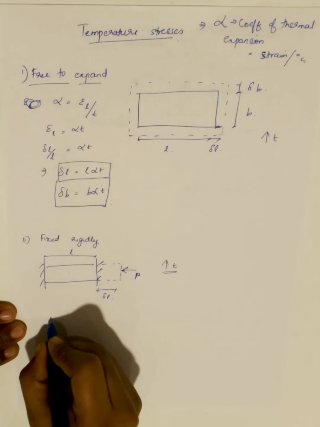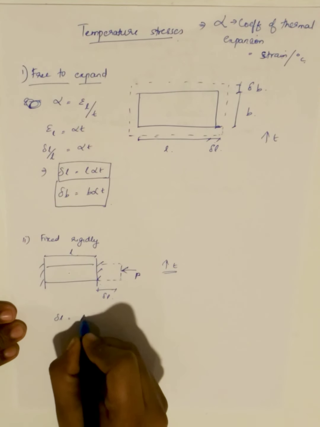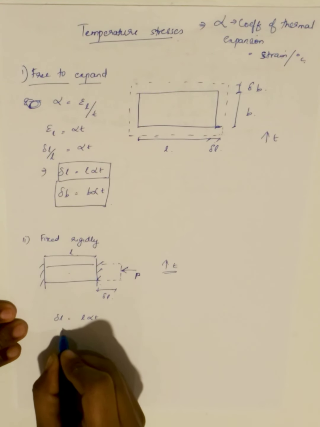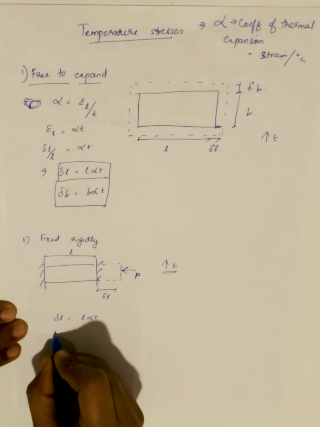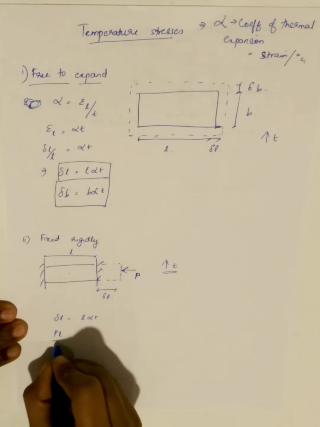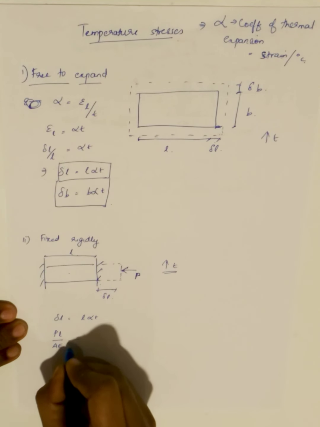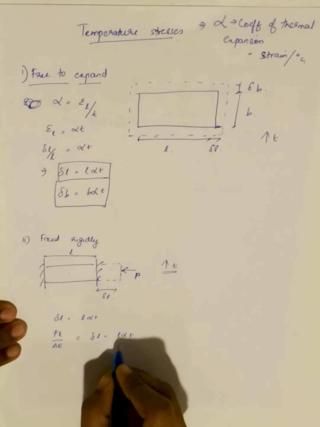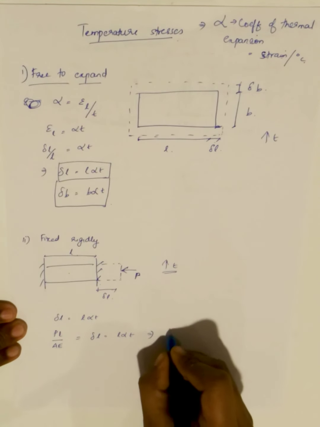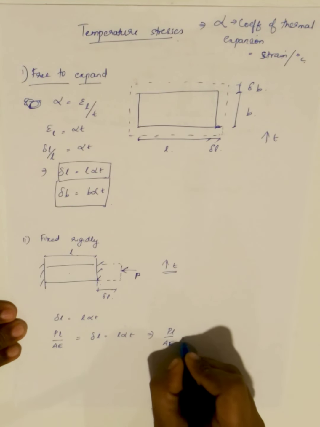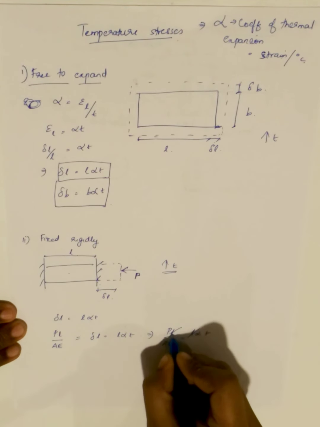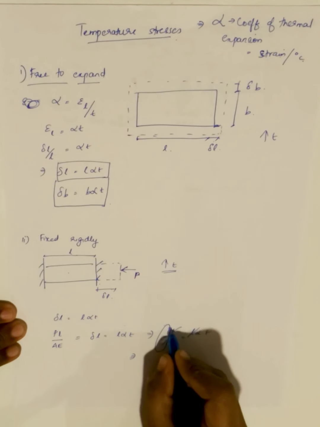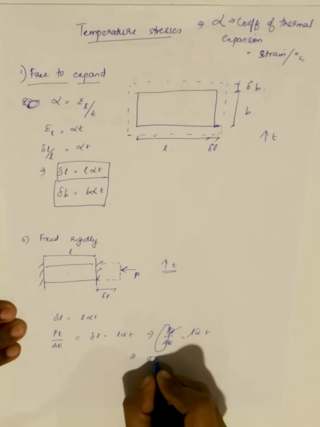Now we have delta L equal to L alpha T. And here there is a force, so the force is trying to prevent this delta L. So PL by AE is trying to prevent this delta L equal to L alpha T. So PL by AE is equal to L alpha T, and we cancel L. See, P by A is our stress.